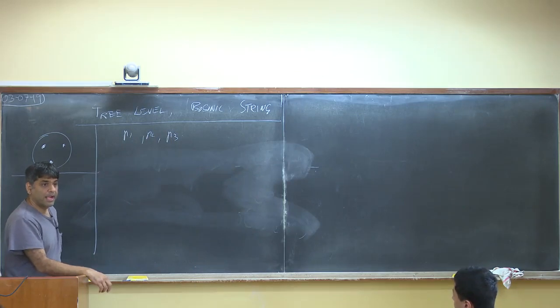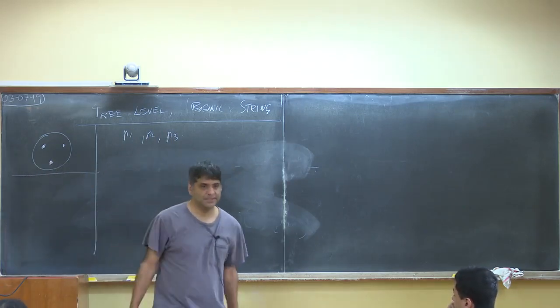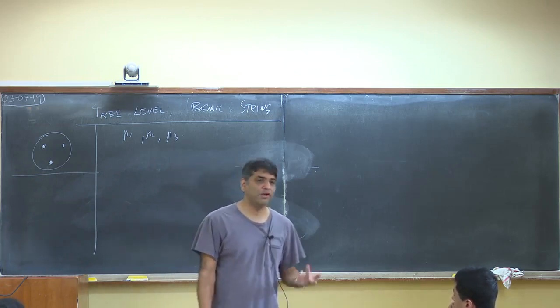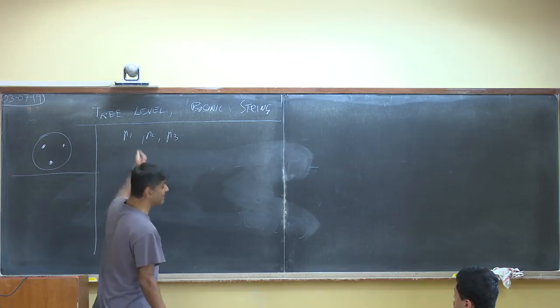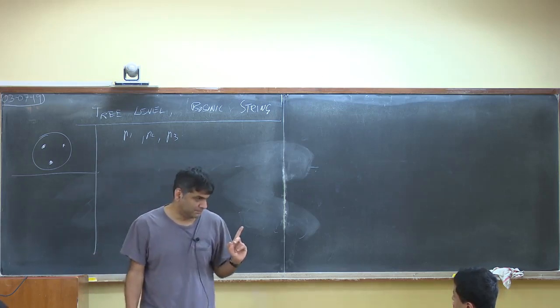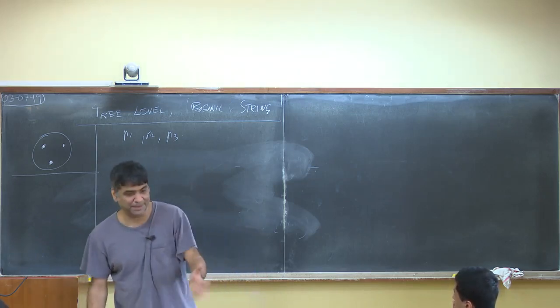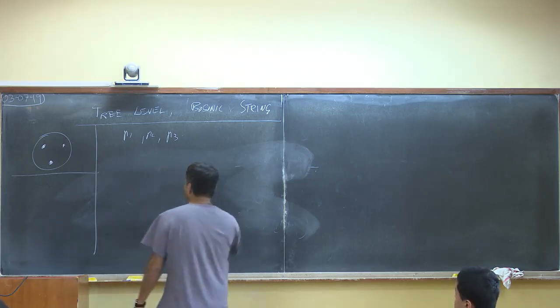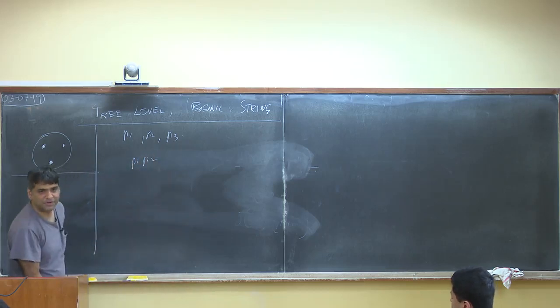Now a 3-particle S matrix has to be Lorentz invariant, so it can depend on dot products of P's. Now, P1 squared by the on-shell condition is minus M1 squared. So that's not scattering data, it's just some number. So you might think it can depend on P1 dot P2 and the 2 related guys, P1 dot P3 and P2 dot P3.